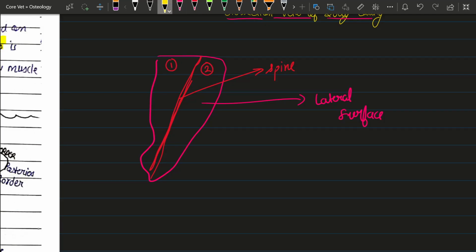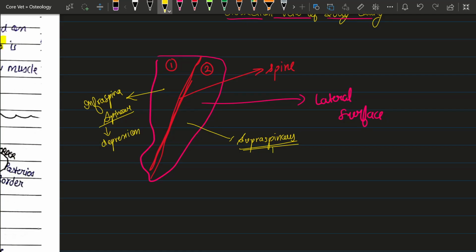So the half which is here is the infraspinous, and the second half is your supraspinous. These are depressions.